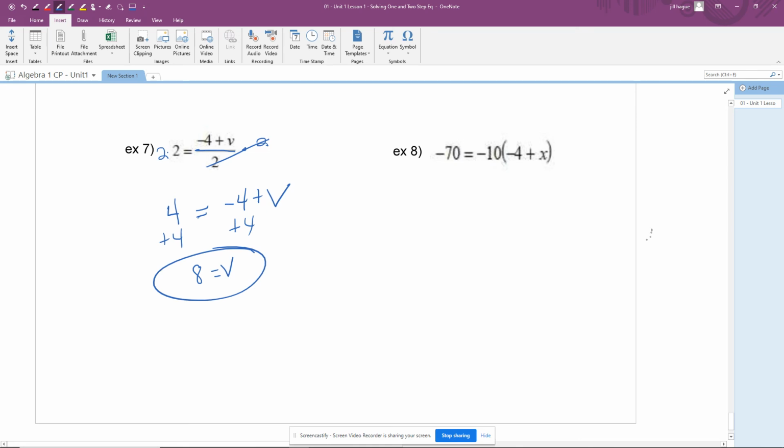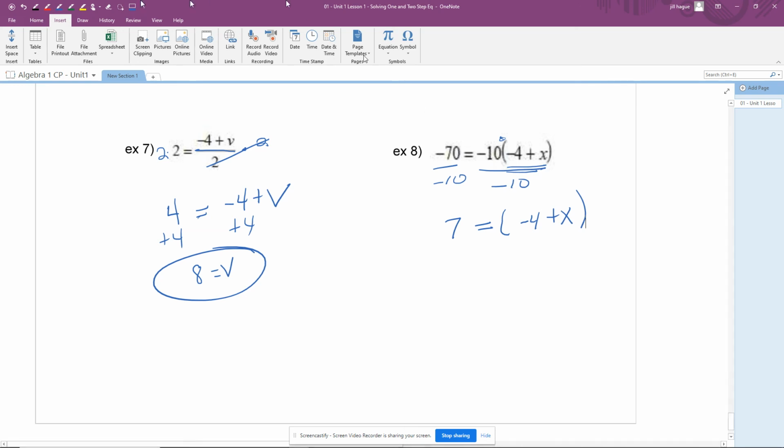Over here, I can't add 10 to both sides because this negative 10 is multiplied by this here. So how do I get rid of multiplication? With division. I get 7 is equal to negative 10 divided by negative 10 is 1, and I have parentheses, which are negative 4 plus x.